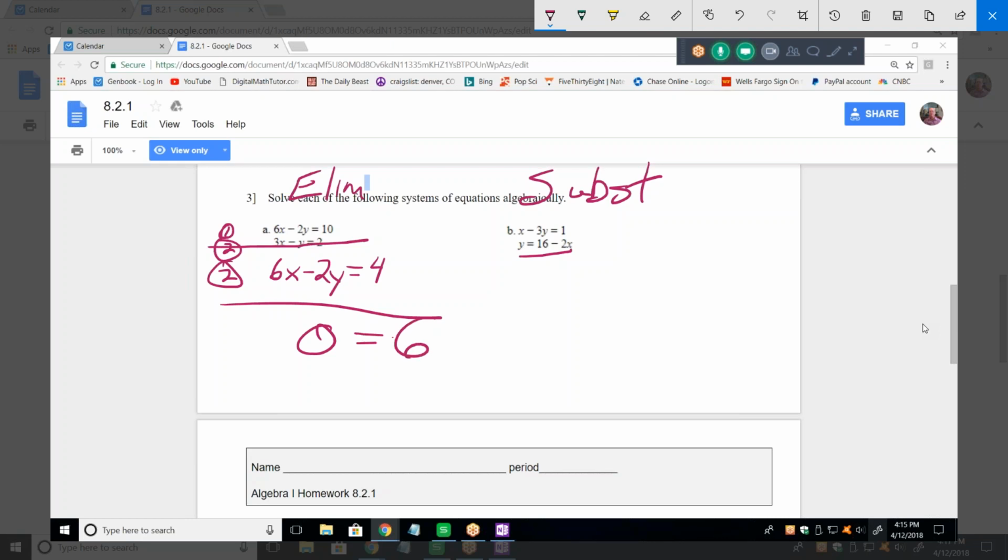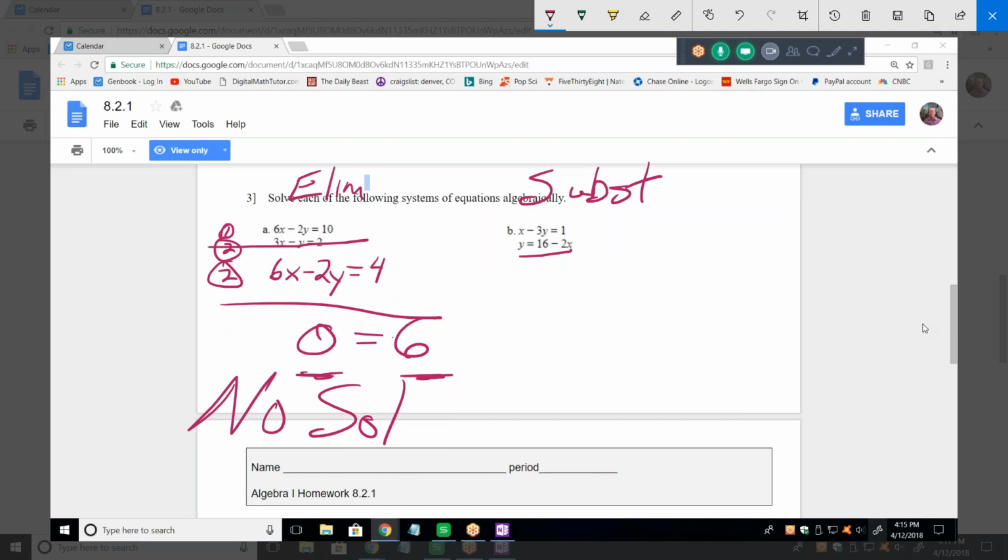So when I get one number equals a different number, that's impossible. What does that tell me about the solution? It's no solution. Remember, there's three possibilities on these things. You can have no solution, you can have a specific solution, or you can have an infinite number of solutions.